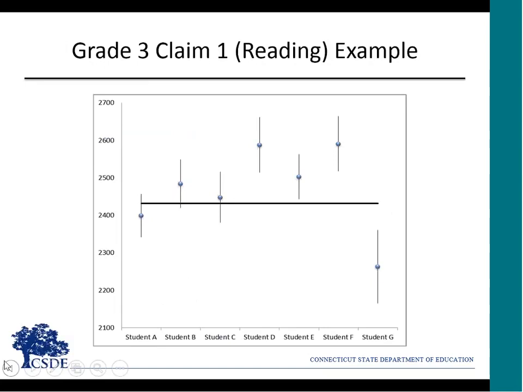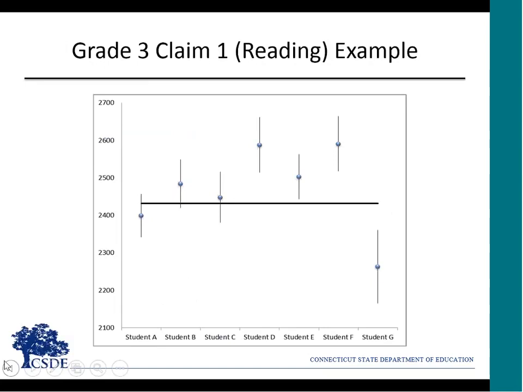Now that we have the claim level score and the standard error of measurement for each student, let's look at an example to see how those scale scores and standard errors are used to determine the claim level performance category. This figure represents the claim level scale scores for 7 students in 3rd grade English Language Arts. The scaled scores are represented by the blue dots.